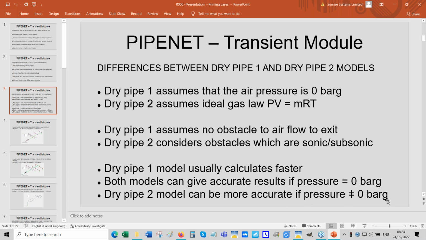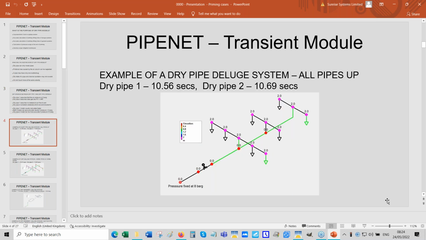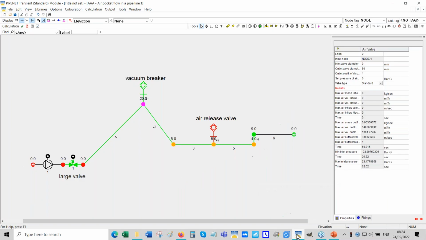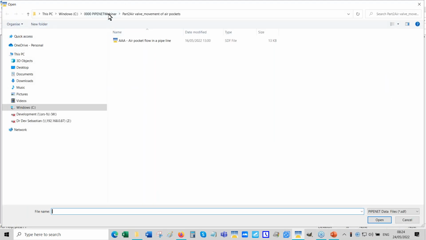These are the basic differences between dry pipe 1 and dry pipe 2. In general, it may be better to use dry pipe 1 unless you think it's necessary to use dry pipe 2. Okay, so let's start looking at some networks.